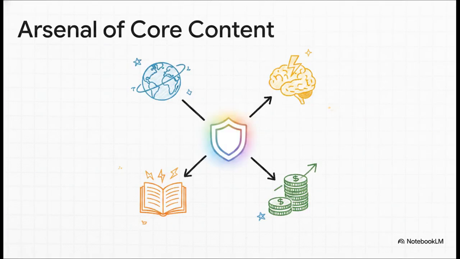Moving past that initial hook, the blueprint dictates an entire arsenal of core content. We're talking real-world examples, psychological triggers, storytelling, and actionable financial advice. And it doesn't just suggest using one or two of these, it demands all four. It's this multi-layered approach to script writing that's specifically designed to completely lock in the viewer's focus.